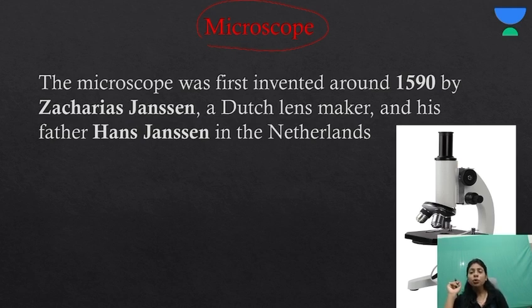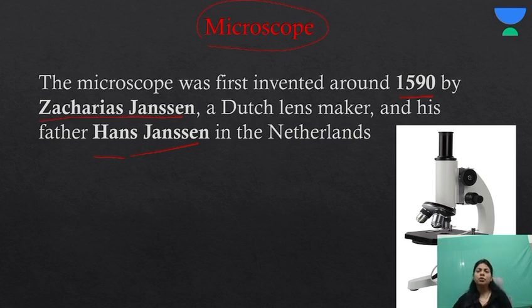You cannot see it with your naked eye. You need special equipment for that, and that was the microscope, which was first invented around 1590 by a father and son, Zacharias Janssen and Hans Janssen.